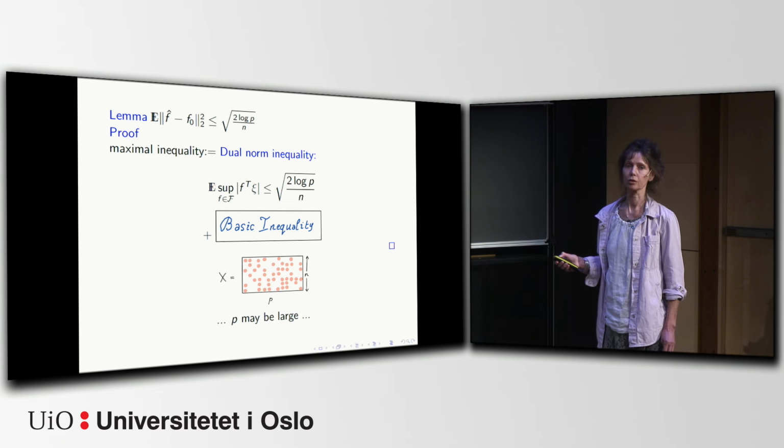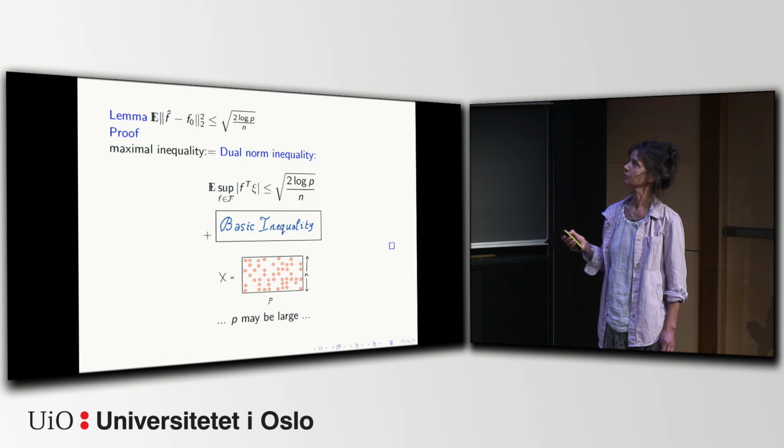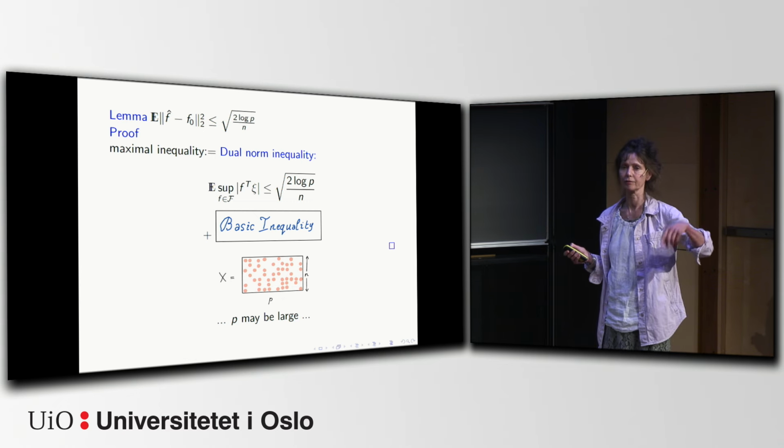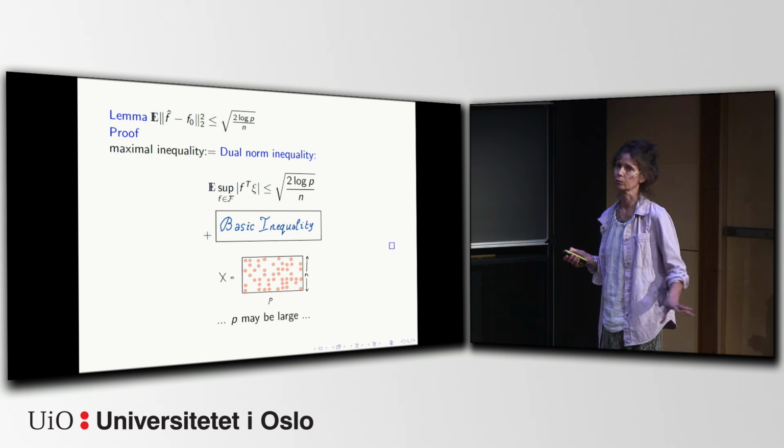So that can be much larger than the number of observations. So the number of variables can be large. But the bound in terms of the number of observations has this square root. So instead of 1 over n, you have 1 over square root of n. So that's worse.